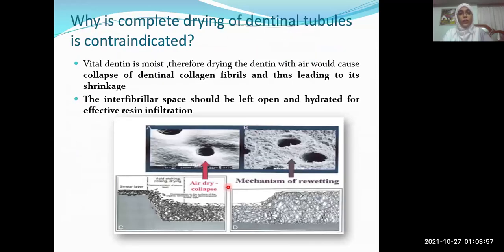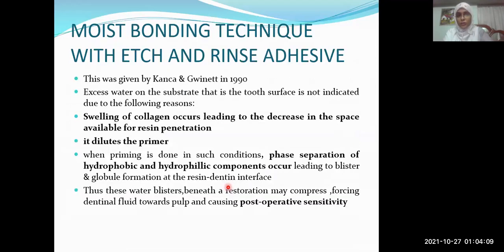So why can you not make it too dry? Because when it goes too dry, you end up collapsing the dentinal tubules. There is shrinkage in the dentinal tubules, and so the resin tags cannot form inside such tubules. And it cannot be too moist either, because when it is too moist, it dilutes the primer, and phase separation occurs between the hydrophobic and the hydrophilic components of the bonding agent.